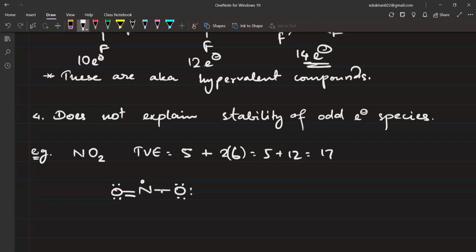A similar example is for NO also. So when you see these compounds, these are odd electron species, and how these compounds are formed is not explained by the Lewis octet rule, but they exist in nature. Write this down, let me know once you're done.